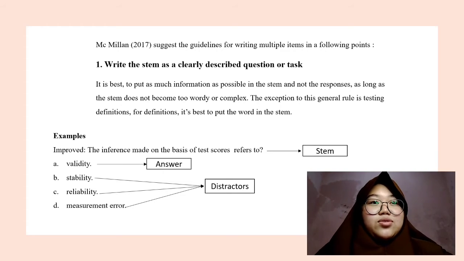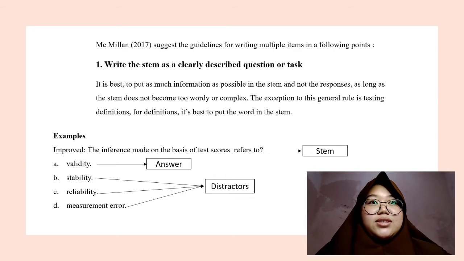The exception to this general rule is testing definitions. For definitions, it is best to put the word in stem. For example, the inference made on the basis of test score refers to, this is a stem, and the correct answer is A, while the other answers B, C, D are the distractors of this stem.